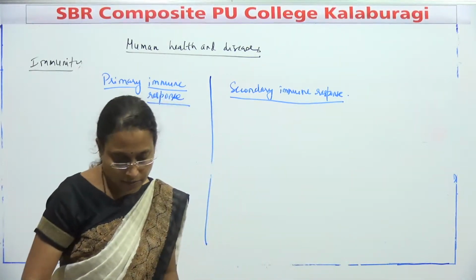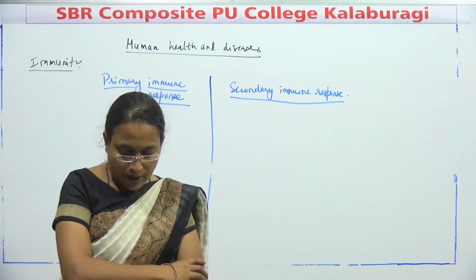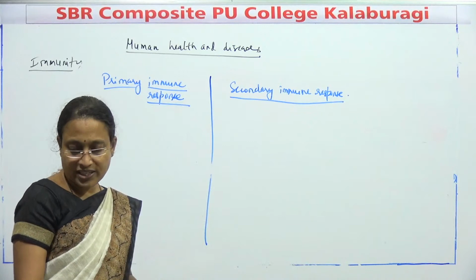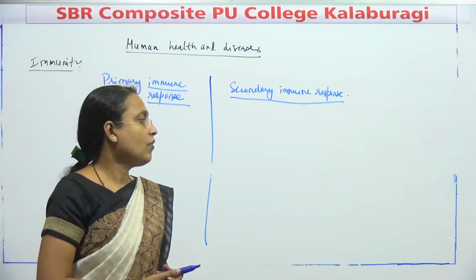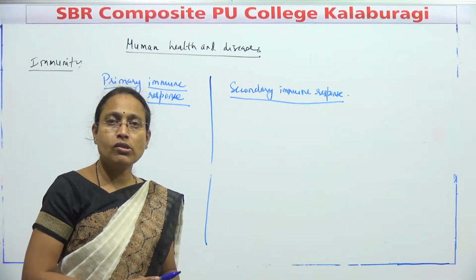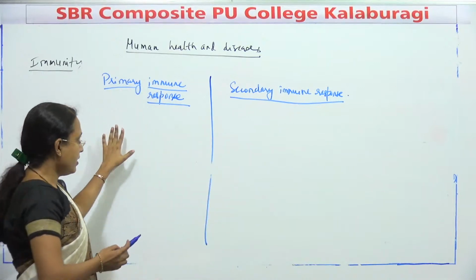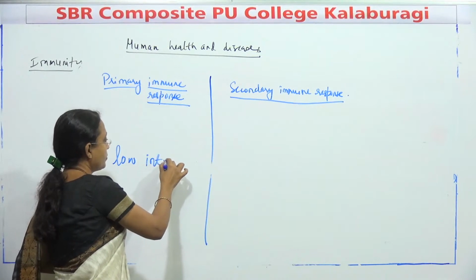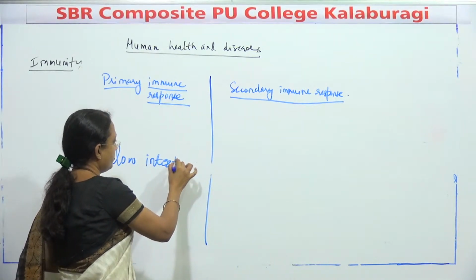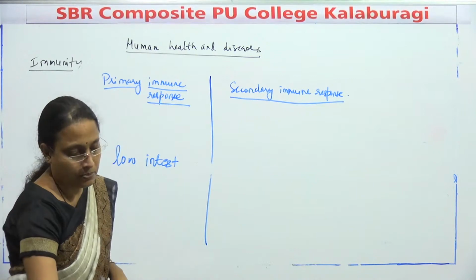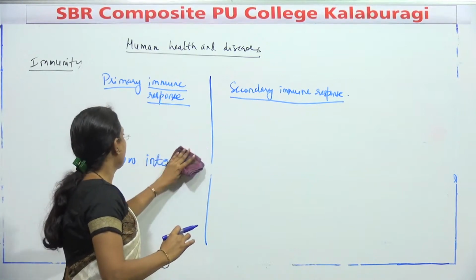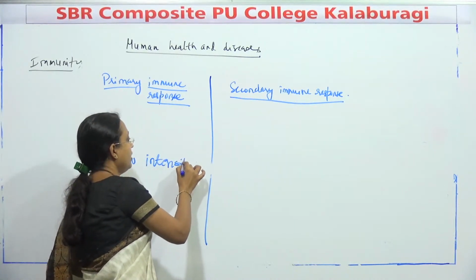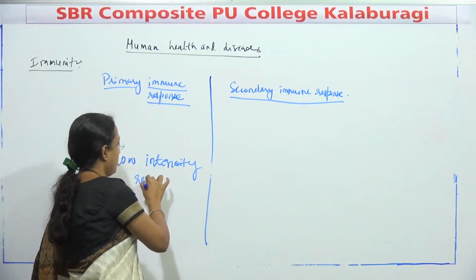Now next is, when you see all these points, how do you conclude which is a high intensity or which is a low intensity response? Definitely, this primary response is a low intensity response.